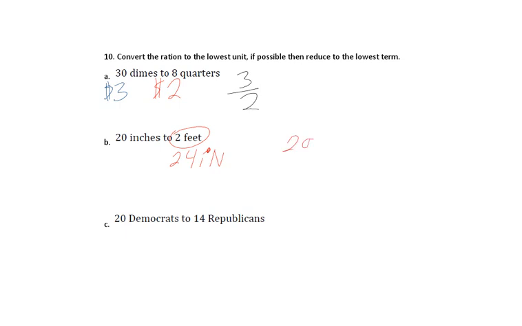So for that we'll do 20 over 24, and you could divide by 4 to reduce. It becomes 5 over 6. Then 20 Democrats, 14 Republicans. 20 over 14 does reduce to 10 over 7.